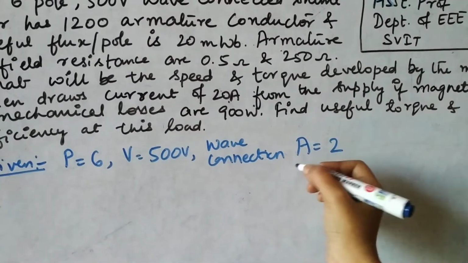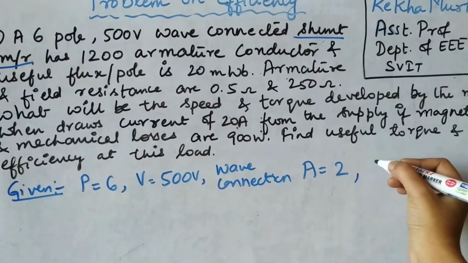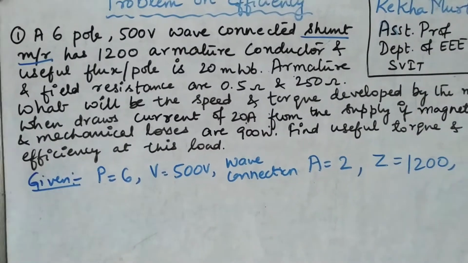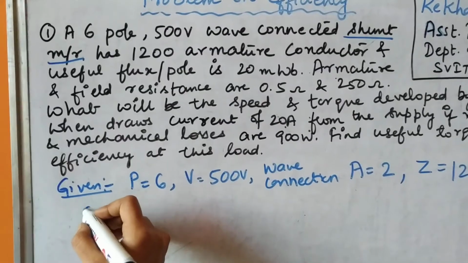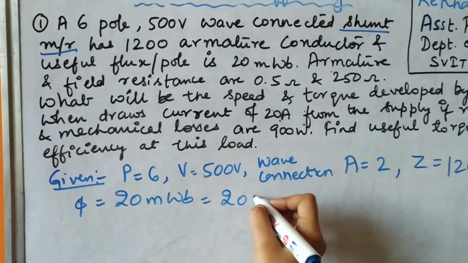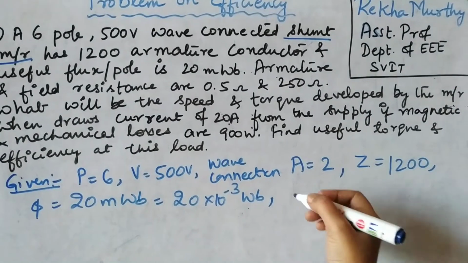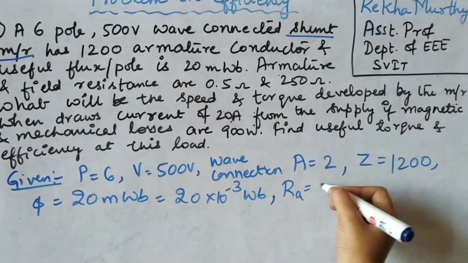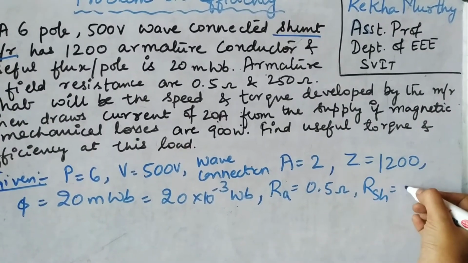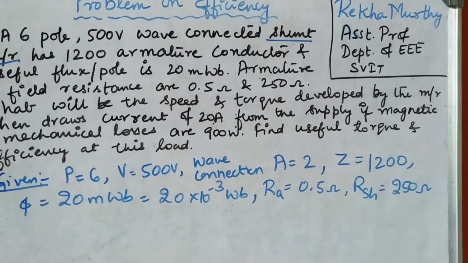The number of conductors is Z equal to 1200, and the useful flux is 20 milliweber, which can be written as 20 into 10 power of minus 3 Weber. The armature resistance RA is 0.5 ohm and, since it is a shunt motor, RSH is 250 ohm.